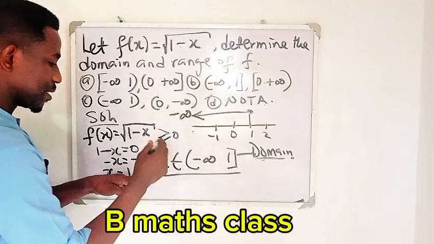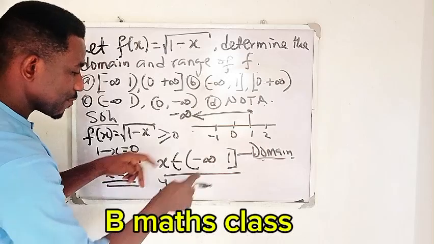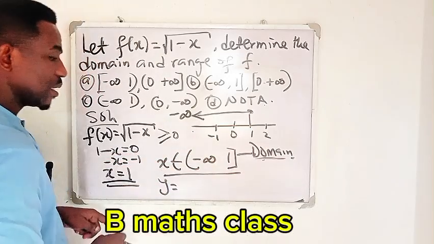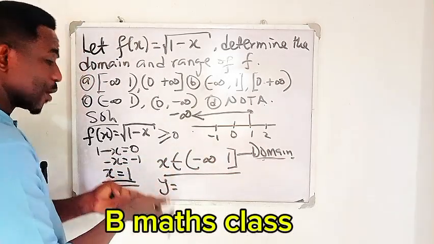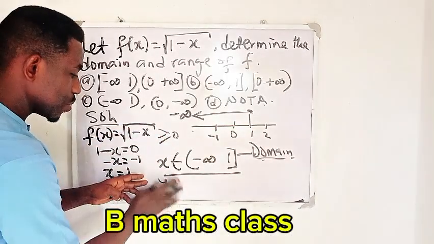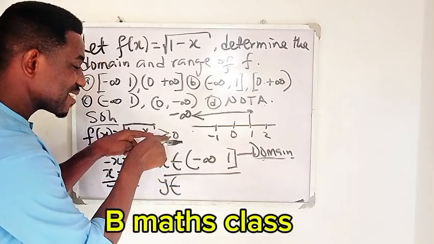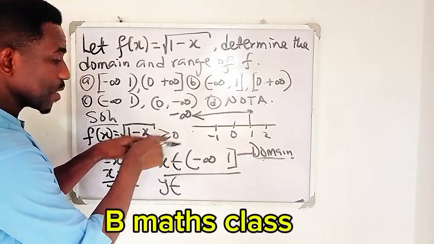Then the range is the value of y that will be produced when you have input these values. The value of y that will be produced must be greater than or equal to 0.